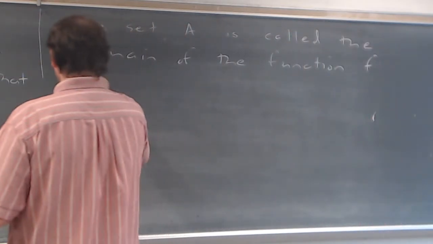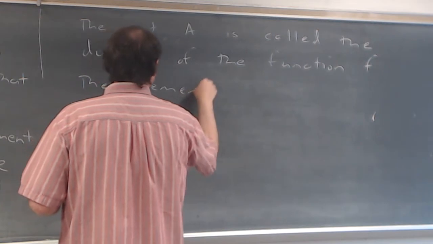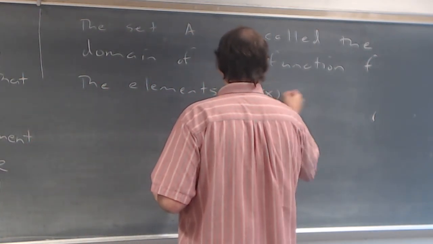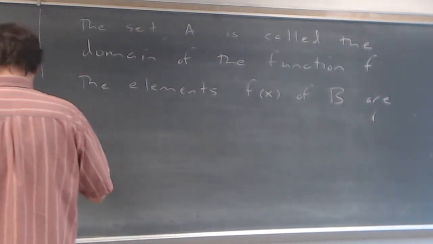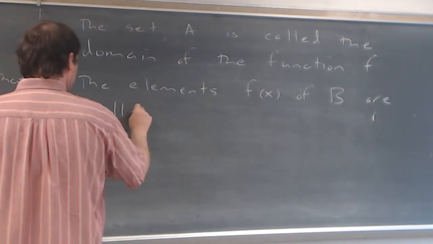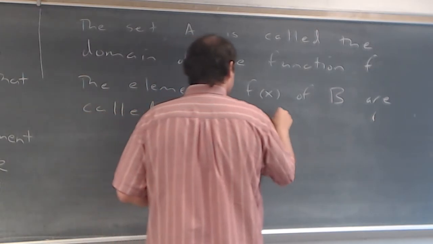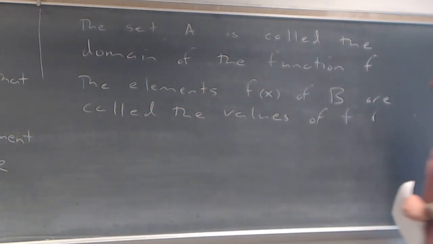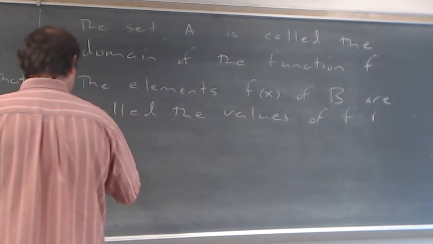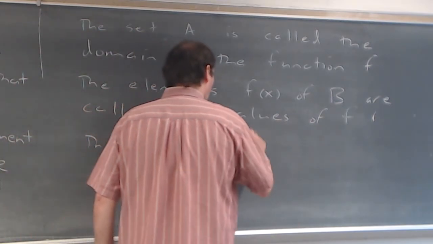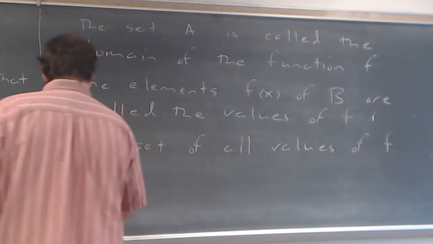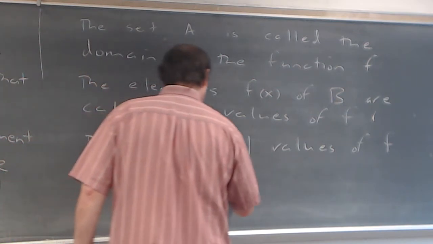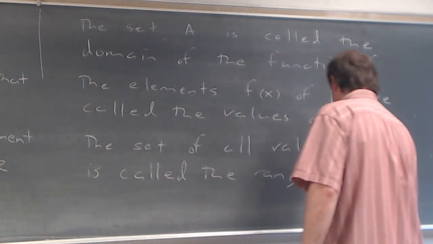And another definition is the elements f of x of B are called the values of F. And then another definition is the set of all values of F is called the range of the function F.